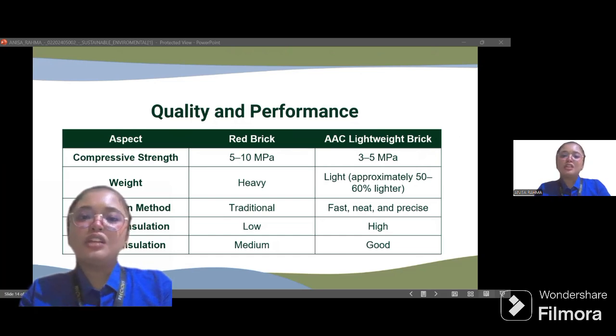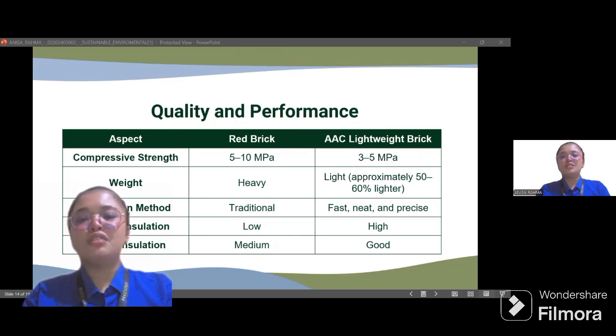Meanwhile, AAC bricks installation is much faster, cleaner, and more precise.